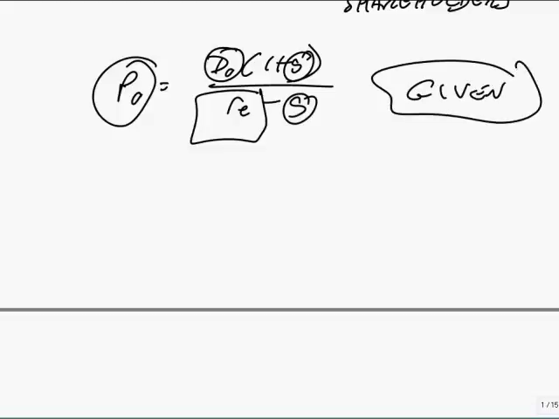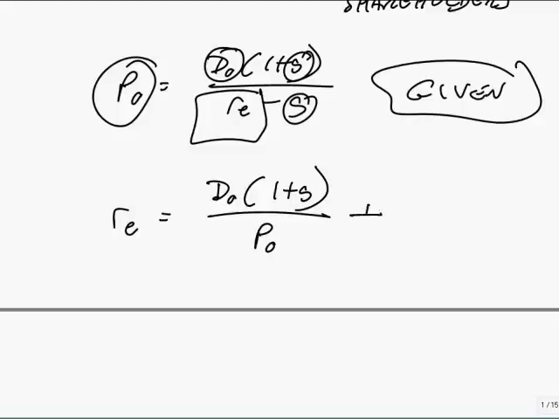You either make sure you can rearrange things quickly to work out RE, or you learn a second formula. That formula can be rearranged as follows: RE, and I have typed it at the front top in fact, equals D0 times 1 plus G divided by P0, plus G.